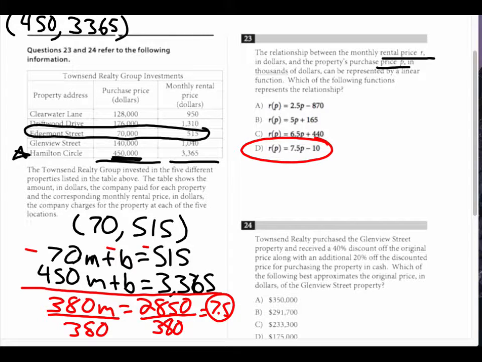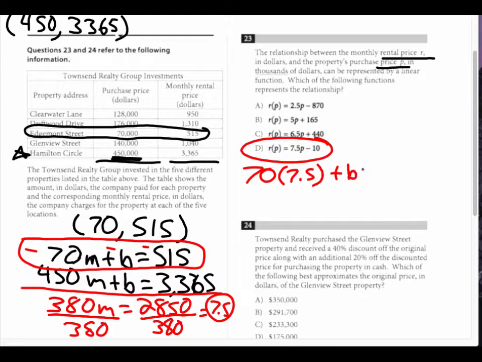Now, how would I go about solving for b? Well, I could take either one of these equations, like this one, and I could say 70 times 7.5 plus b equals 515. And just solve for b. Let's do it real quick. 70 times 7.5 is? 525.